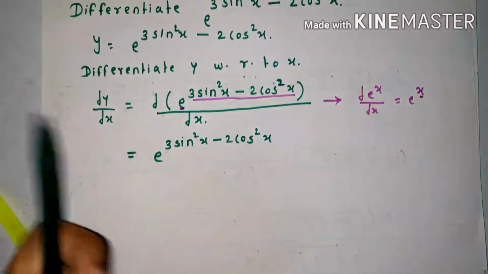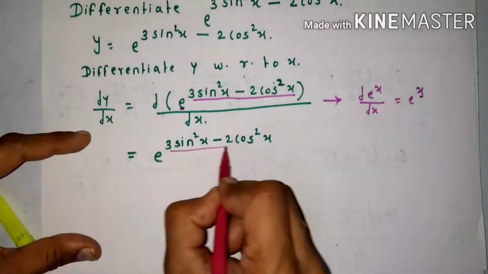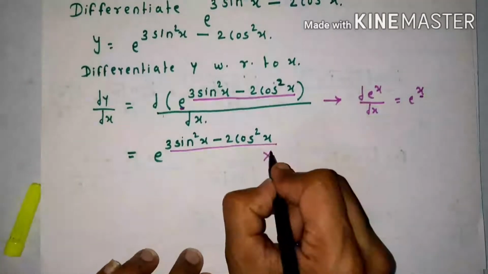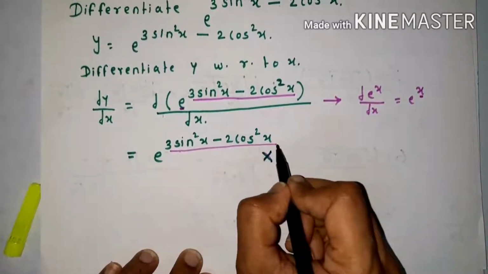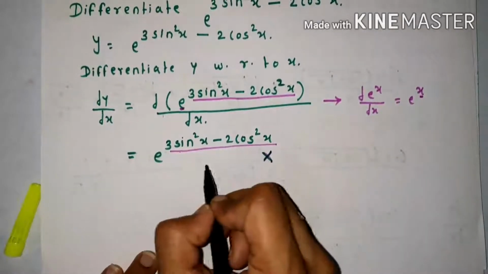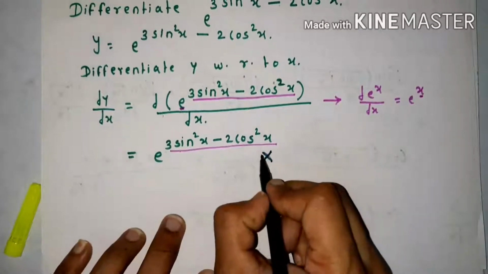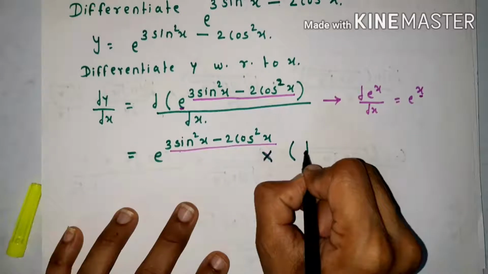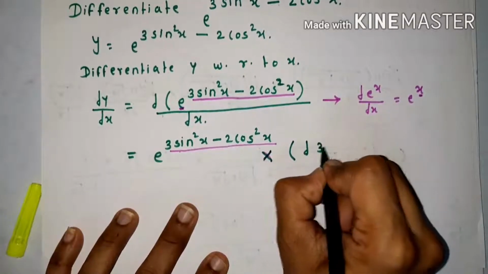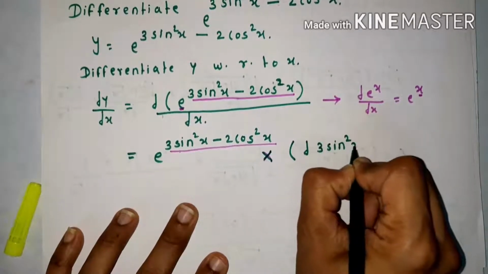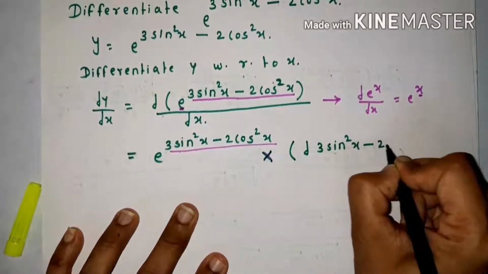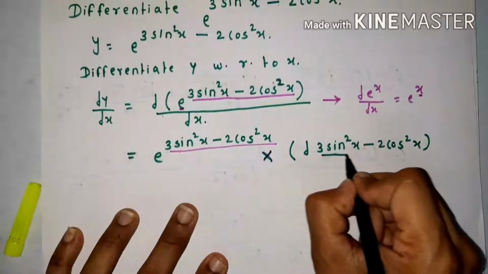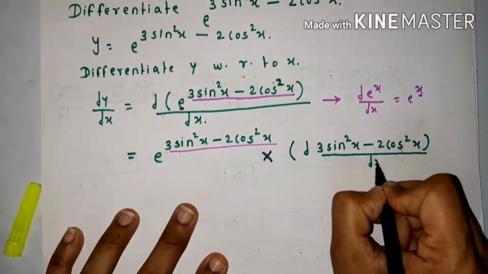But this function is again a differentiable function. So again take differentiation of this, therefore we have to differentiate, and take multiplication with differentiation of 3 sine square x minus 2 cos square x with respect to x.